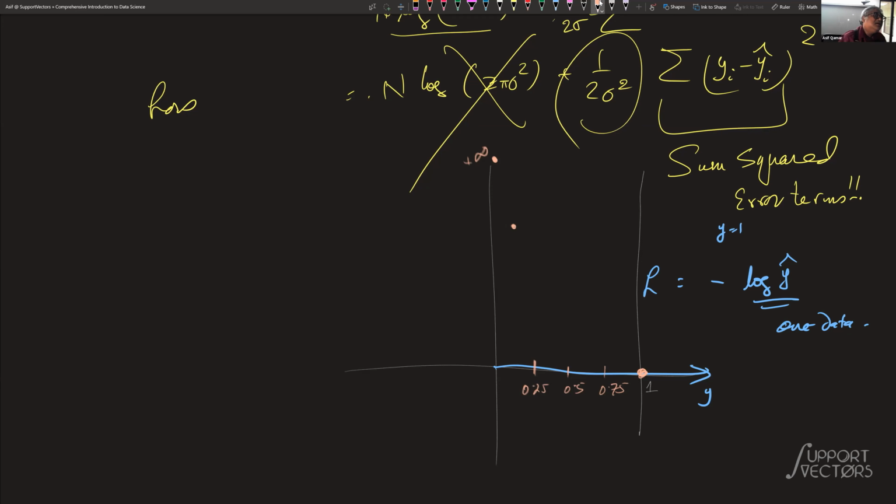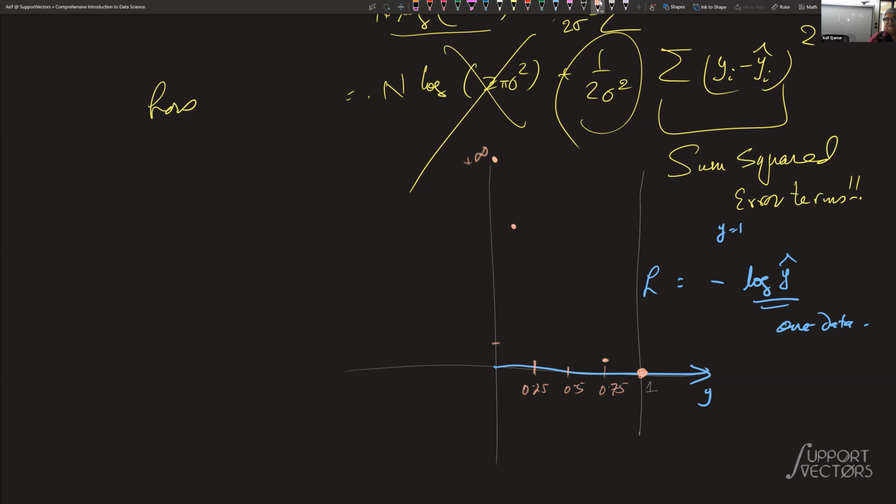What is it? Guys, just do it in Python. The negative log of 0.75 is going to be 0.125. Okay, so this is very small here.